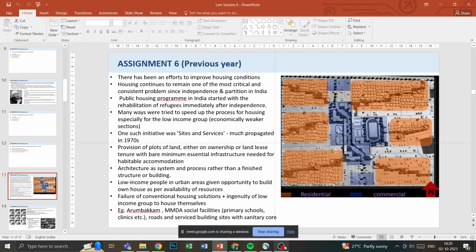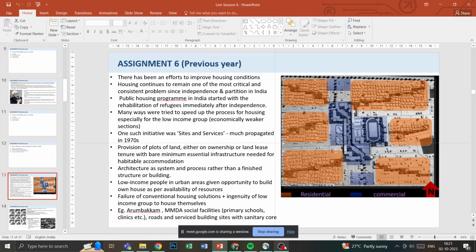For example, toilets and services of water and drainage are provided. This is done so that people can build their own house in their own way, according to their own wish, as per the availability of their resources and as per their need.